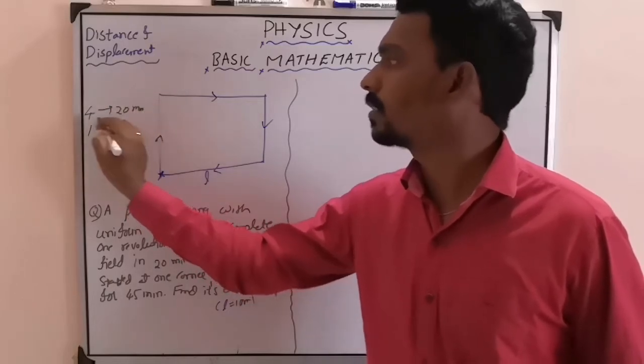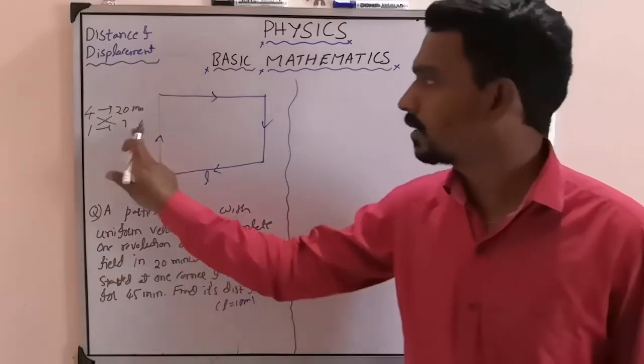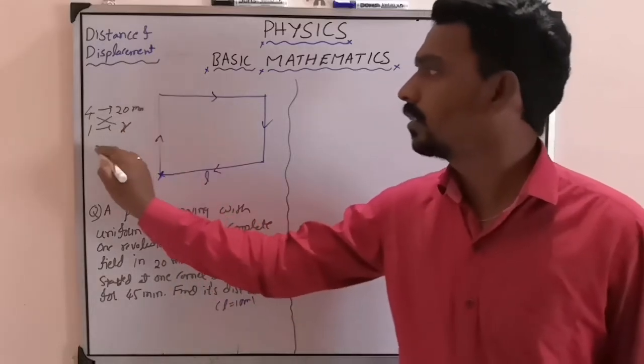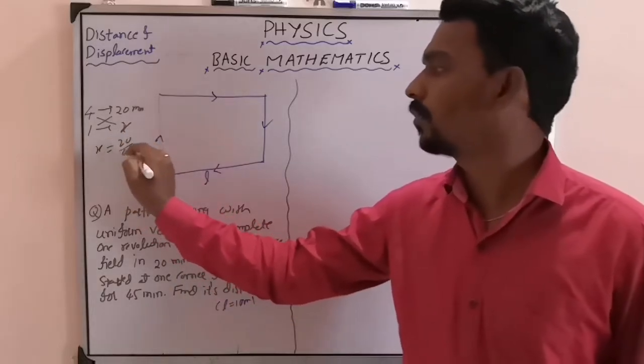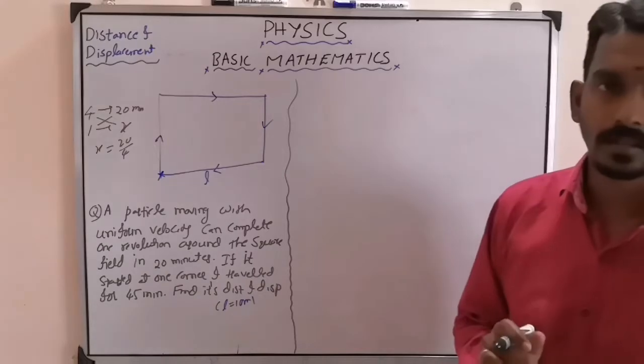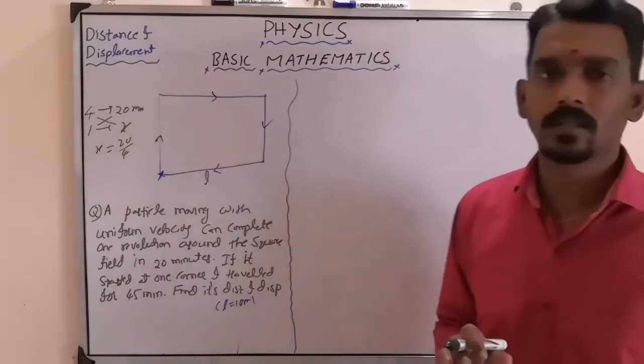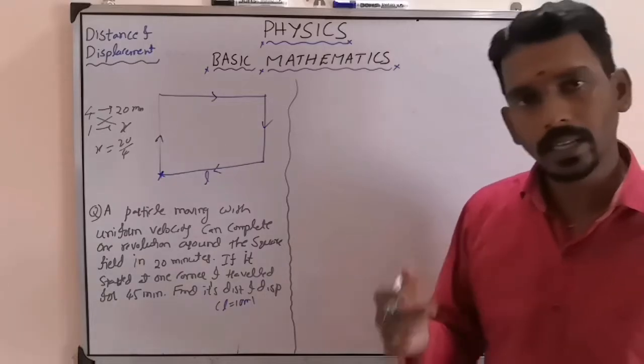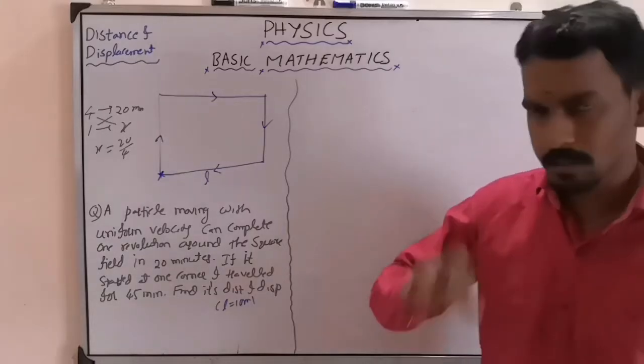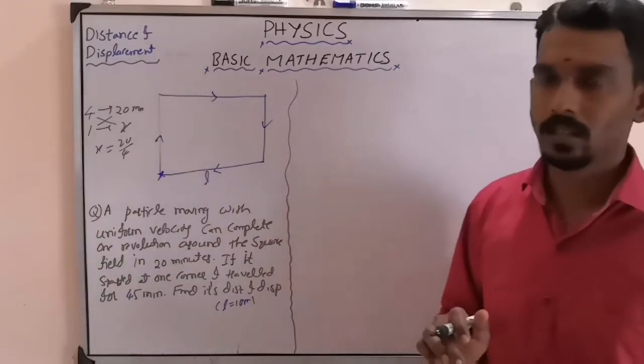For one side, how much? You can take it like cross multiplication. Let's take x for one side. So x equals 20 by 4, which is 5 minutes. You can understand this from simple mathematics logic. That's why I am saying mathematics is important, whether it is simple or big.